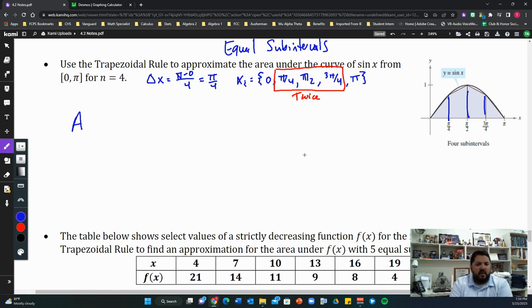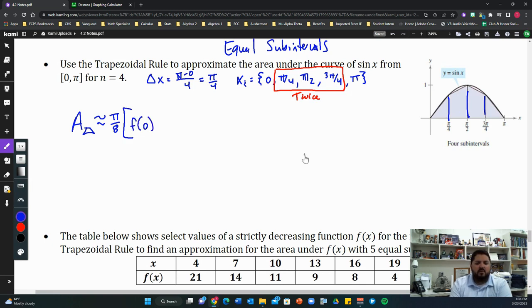Now, for the area, the trapezoidal rule is approximately equal to my delta x divided by 2. In this case, pi over 4 divided by 2. Remember, if I take a fraction and cut it in half, it's really like we're just multiplying the denominator by 2. So half of 1/4 would be 1/8. So we've got pi over 8 out in front. And then inside, I am going to set this up with all the notation.